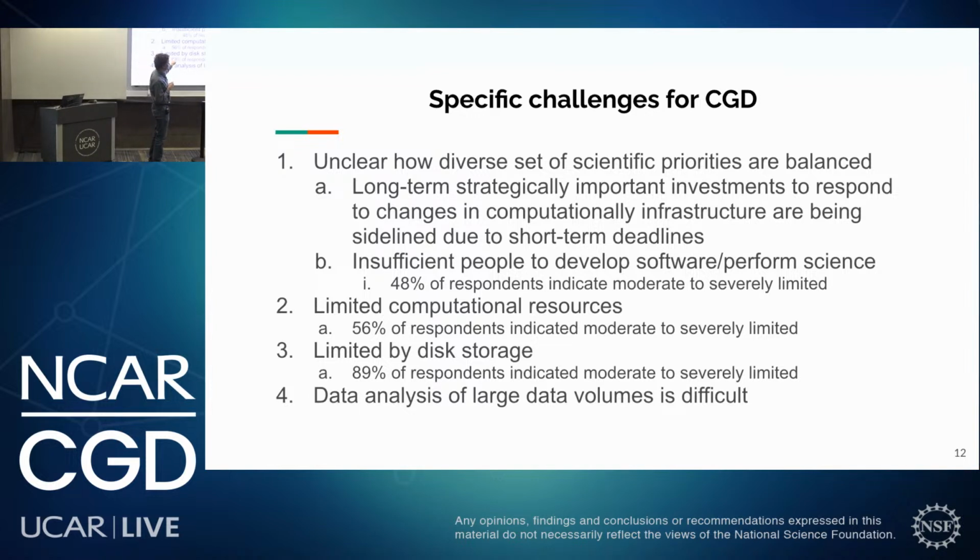But the thing that really stuck out was disk storage. 89% of the respondents said that this was a problem, moderately or severely limiting the science that they could perform. That really stuck out, and that was one of the highest of all of NCAR. And data analysis of large data volumes is difficult. This was also a kind of universal statement.